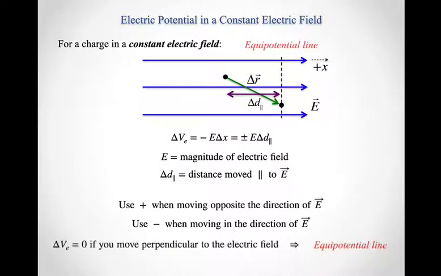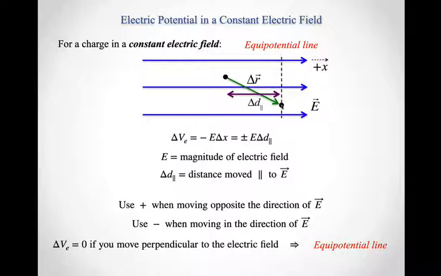So what that means is there's an entire set of points that lie along this line where I'm moving perpendicular to the electric field that will all have the same potential. So it doesn't matter whether my second point is here or down here or up here, as long as it lies along this line, because that parallel distance between my initial point and any point along this line is the same.